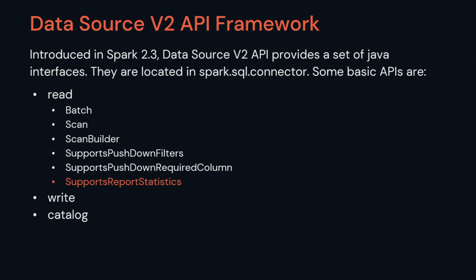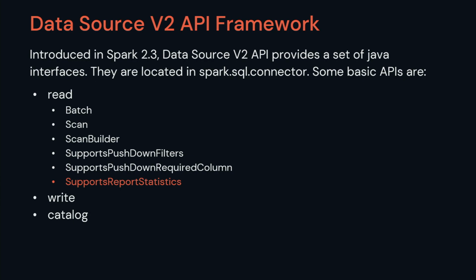In any kind of database optimization, we want to reduce the data as much as possible and also as early as possible. That's why the DSV2 has the supports pushdown filter API and also the supports pushdown required column API. But today, the API we will focus on is this supports report statistics API.